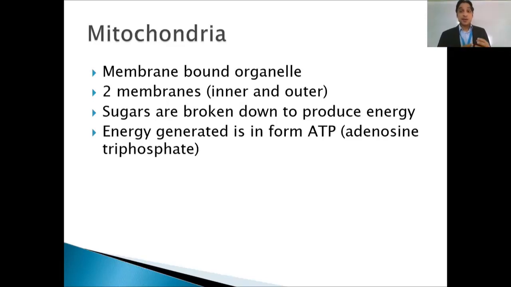So when a cell wants to execute a function and that function requires energy, the cell uses ATP. Whatever we eat through food is either utilized to produce energy or ATP, or it is used to create molecules to build our structures. That is the purpose of the food.